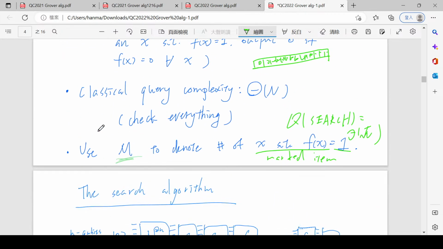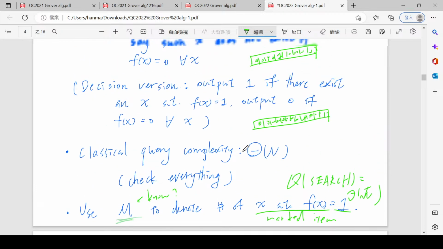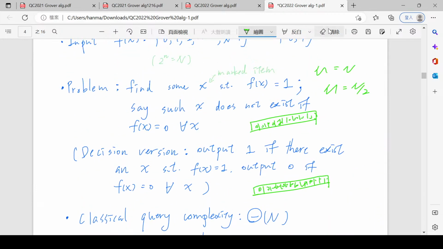But then there's a tricky point. We'll see later that it makes a difference whether your algorithm knows M or not. Does your algorithm know it? And that will make your complexity quite a bit different. We'll see later.